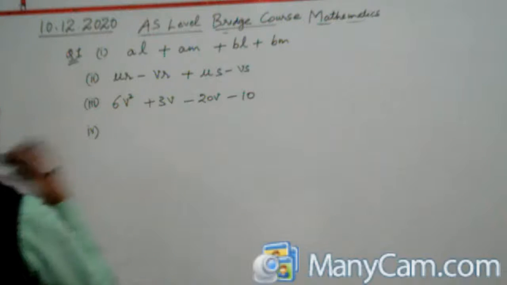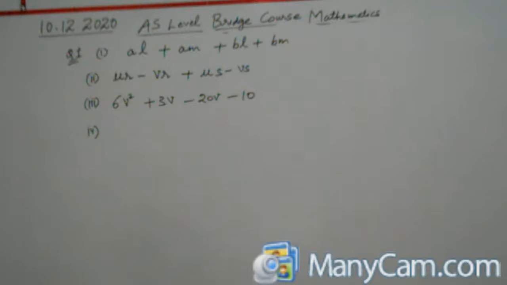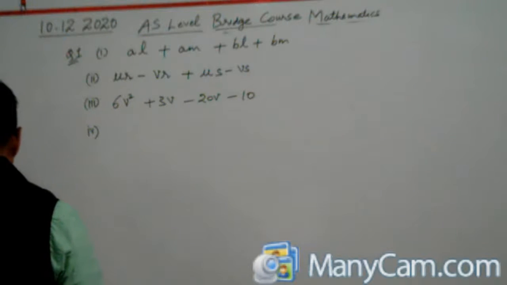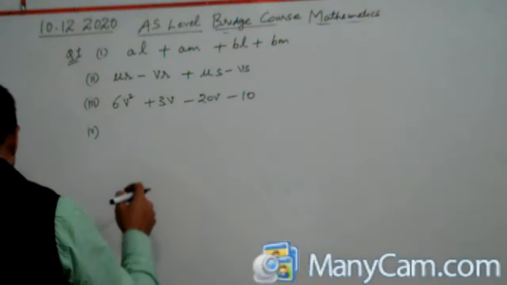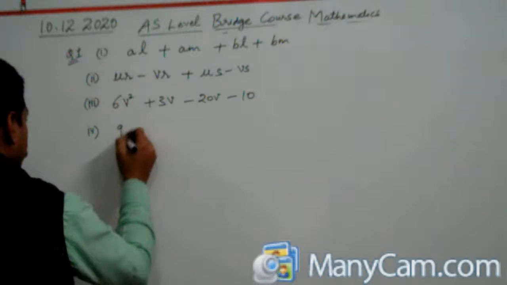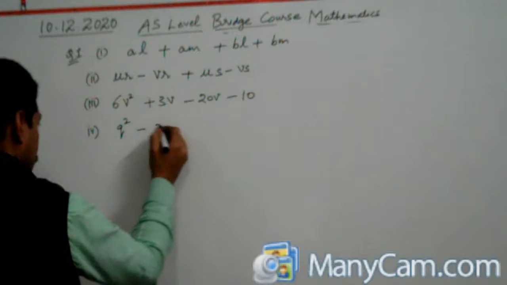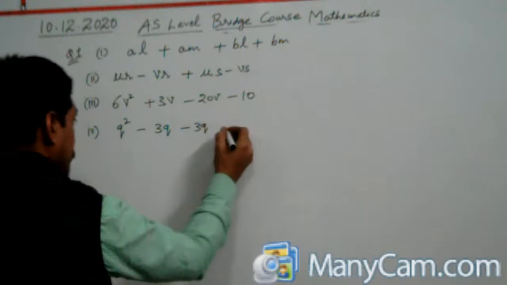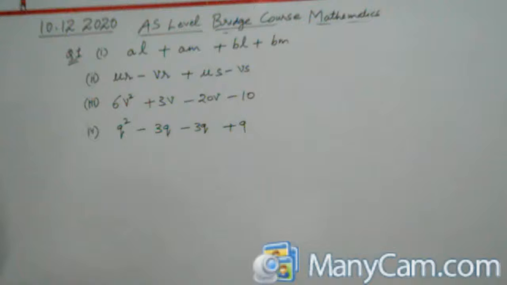And fourth one is q square minus 3q minus 3q plus 9. Factorize them. The very simple equations. Factorize them.